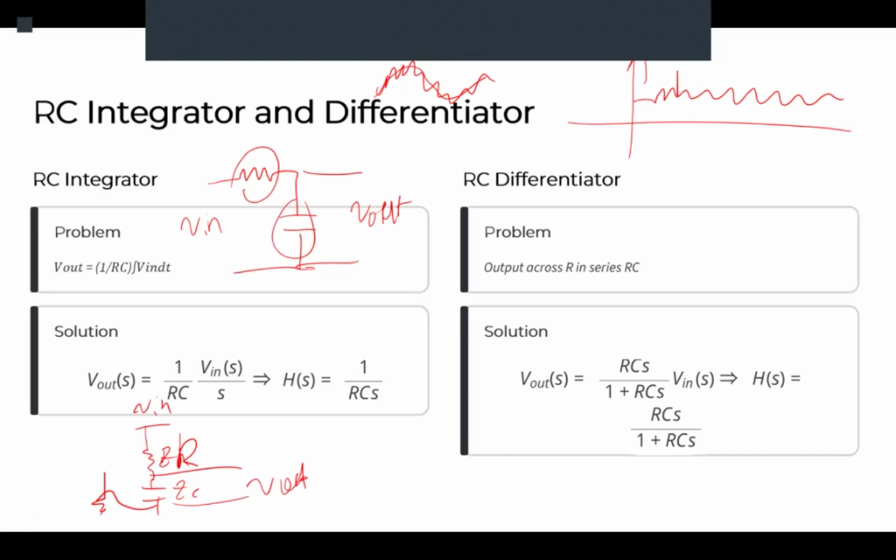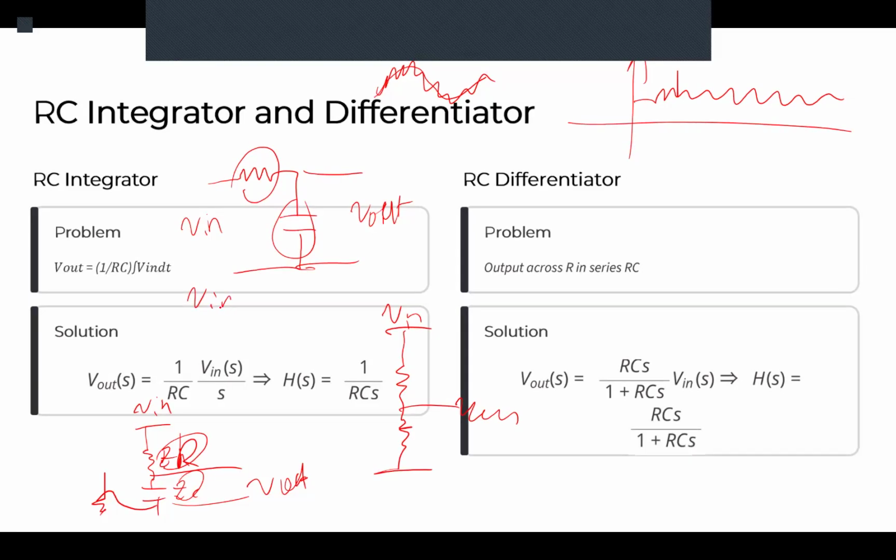What is it? What does that circuit remind you of? It's considered as just the impedance. What's this one? Voltage divider. What is the result of the voltage divider?